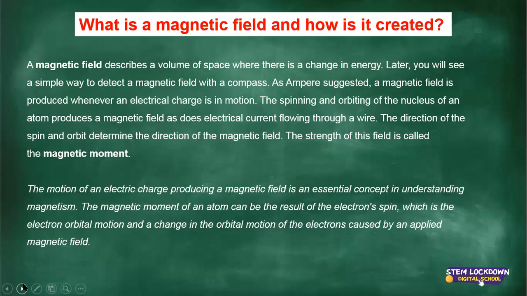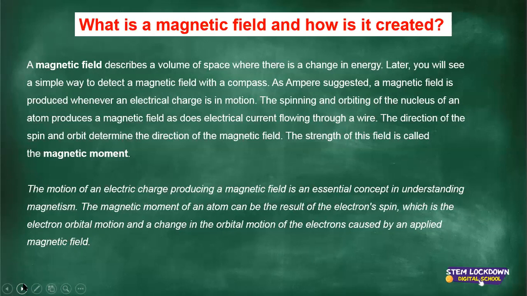A magnetic moment of an atom can be the result of the electron spin. So you saw in the picture in the previous slide that the electrons were spinning in an orbit. So this is the magnetic moment, which is an electron orbital motion, and a change in the orbital motion of the electrons is caused by an applied magnetic field.